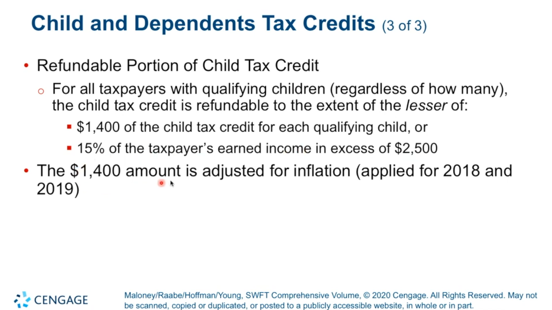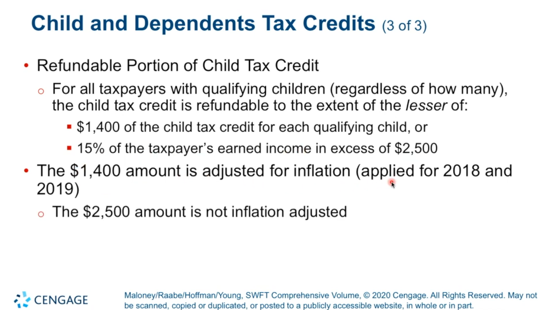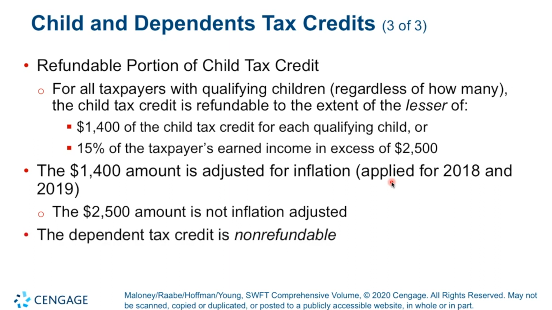So the $1,400 amount is adjusted for inflation, so it will increase, and the $2,500 amount is not adjusted. So this amount will decrease over time. The dependent tax credit is non-refundable.